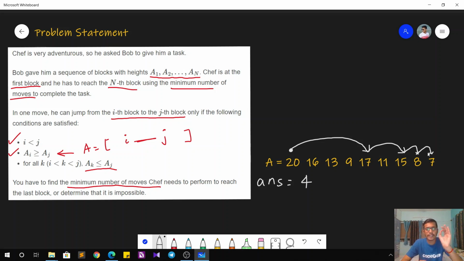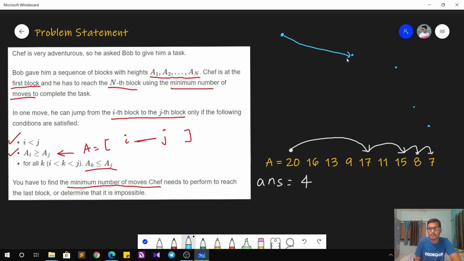Now the first hint that comes to my mind is that I can imagine a diagram of how the jumps are going to look. Right now you can only see the numbers, but if you try to draw a graph, by graph I mean just the points. So the height 20 is somewhere over here, then there is height 17, then height 15, then height 8, and height 7.